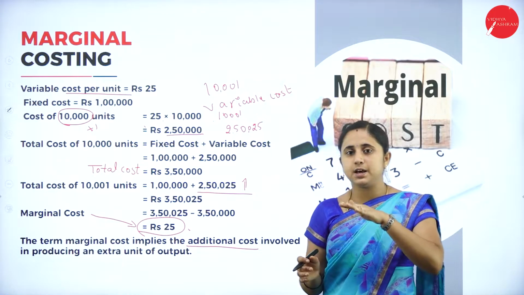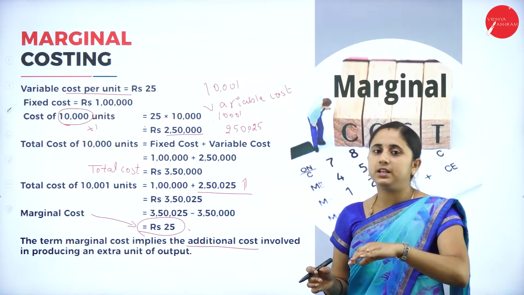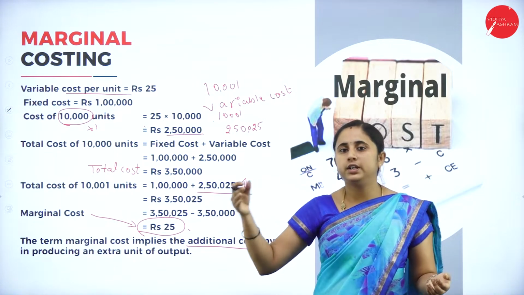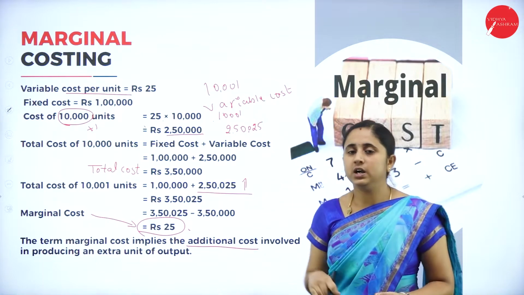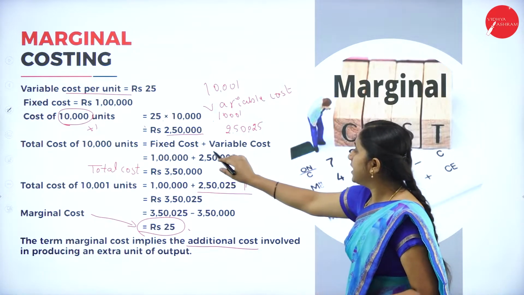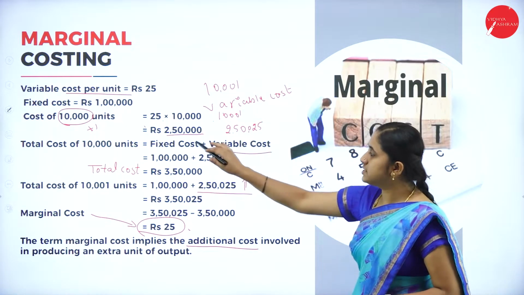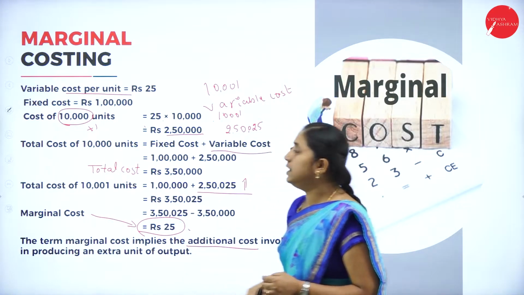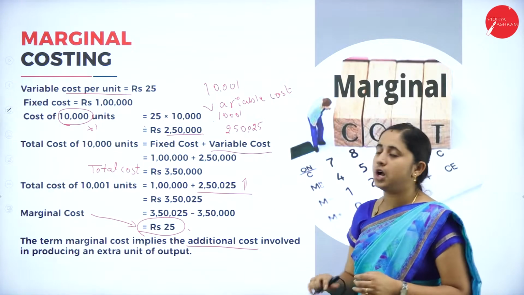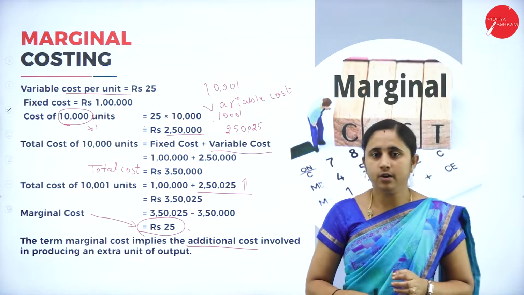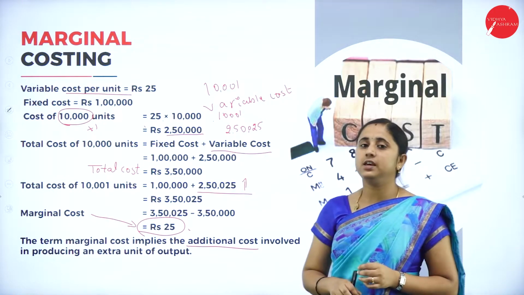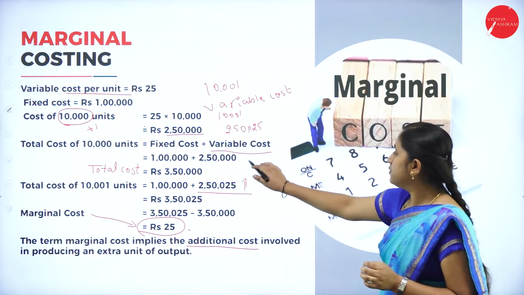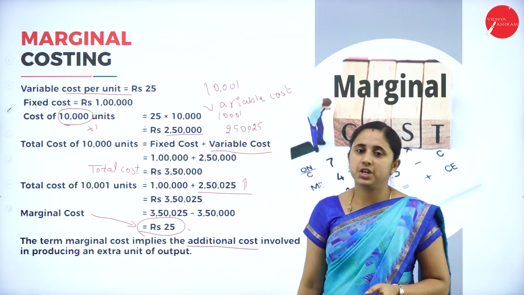If we increase the number of units produced from 10,000 to 20,000, the cost of raw material will also increase from 5,000 to 10,000. So the variable cost is influenced by the number of units produced. But fixed cost will not be affected by the changes in the units. So fixed cost will remain the same, but variable cost will change.